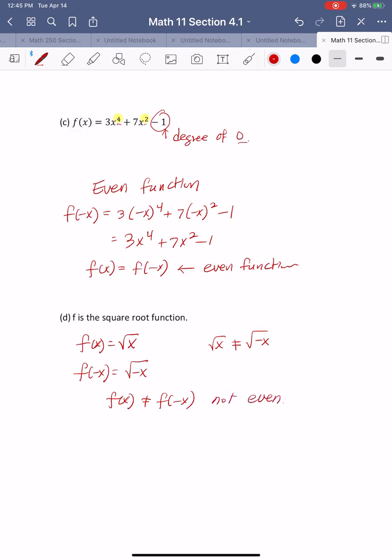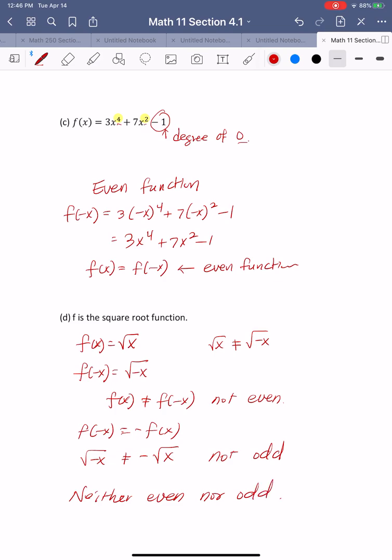Now for the odd function, f of negative x should be the same as negative f of x. So f of negative x is the square root of negative x, and negative f of x is negative square root of x. Of course, it's not the same either. So it's not odd. The square root function is neither even nor odd.